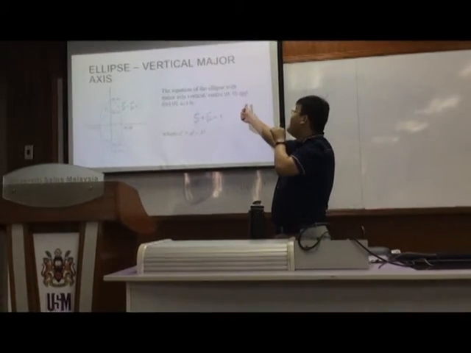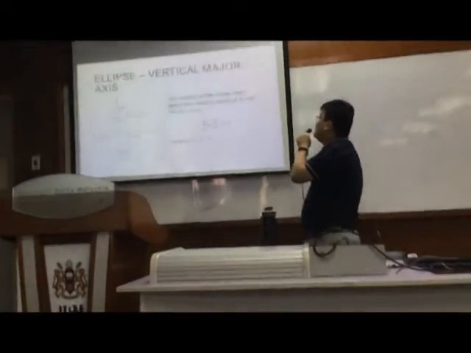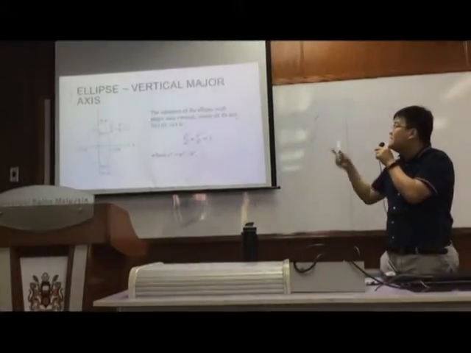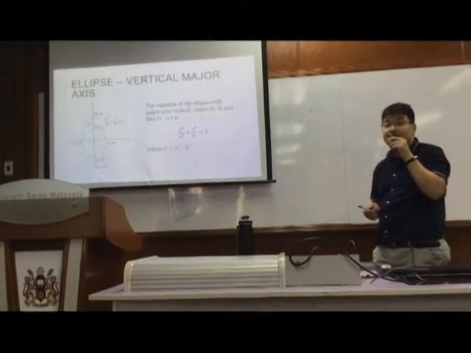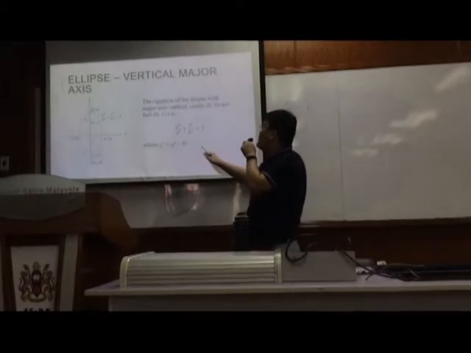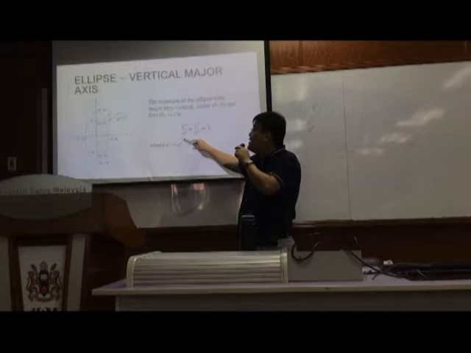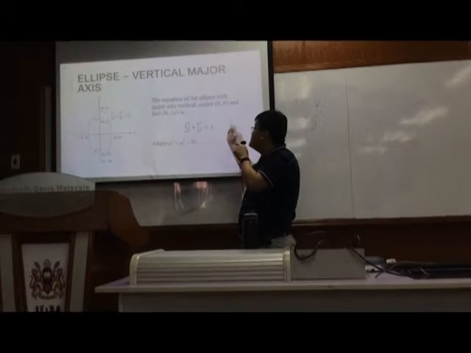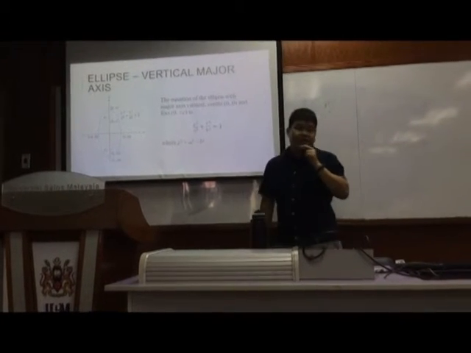So for the vertical major axis, the equation of the ellipse with major axis vertical, center 0, 0 and foci 0, plus minus c is given by the equation y squared over a squared plus x squared over b squared equals 1. Okay.